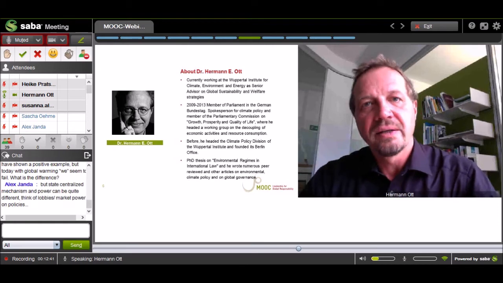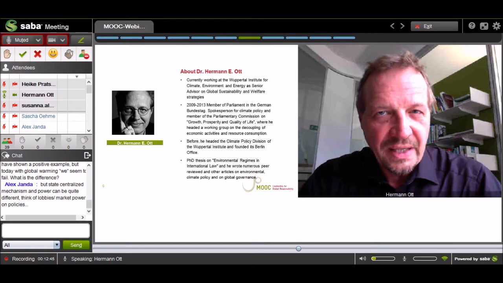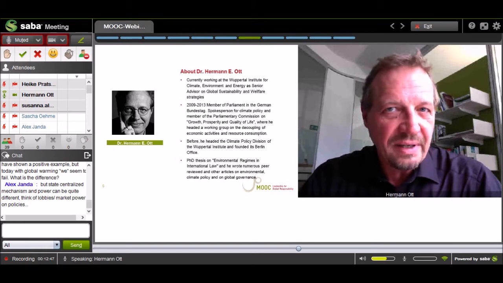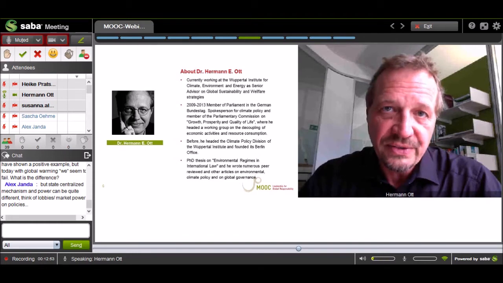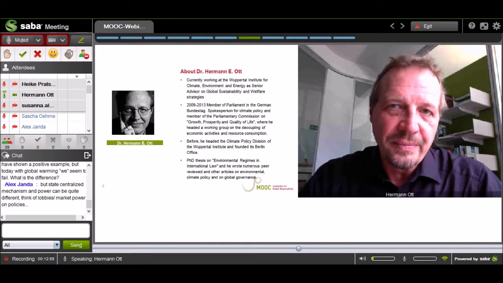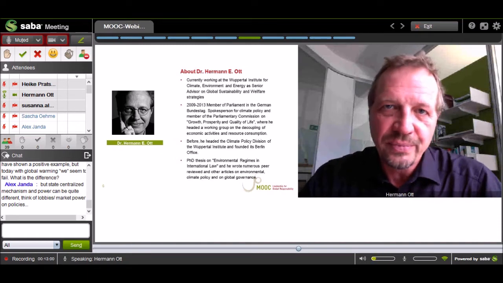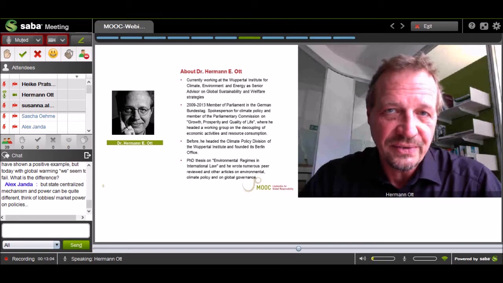But that was not done at that time, and I have the suspicion that there were some involved in the negotiations who actively fought against a protocol along the lines of the Montreal Protocol because they had seen that it was successful.